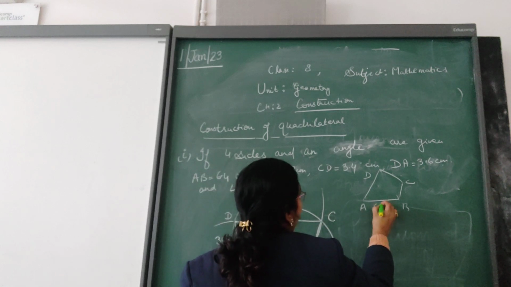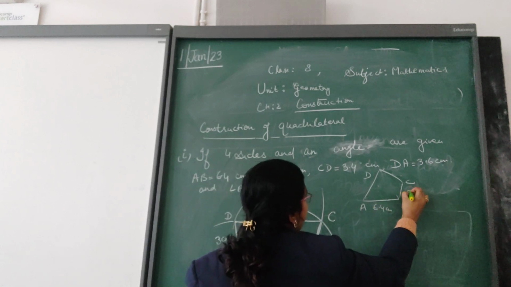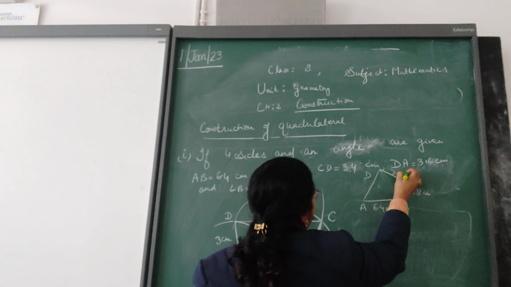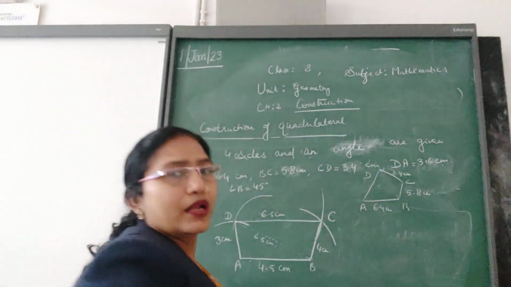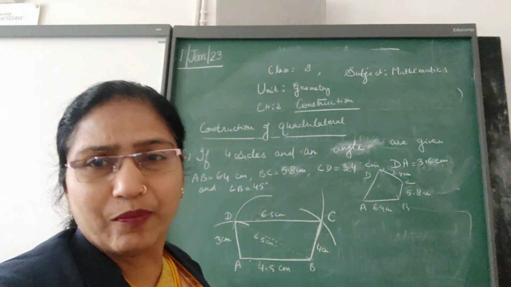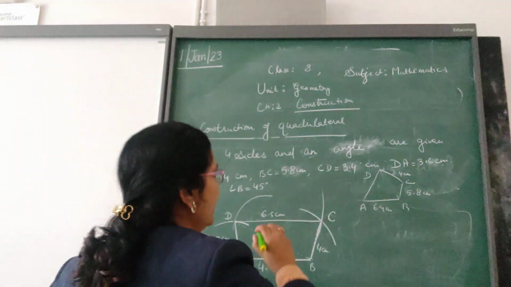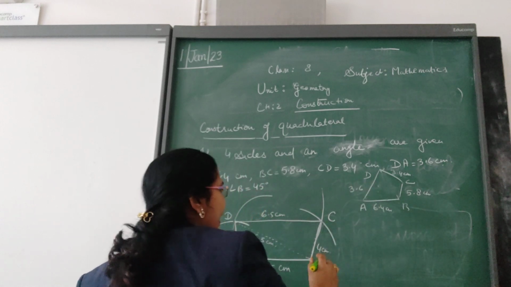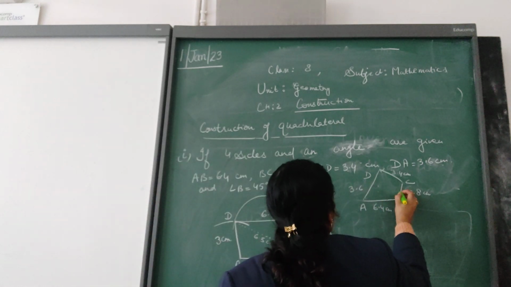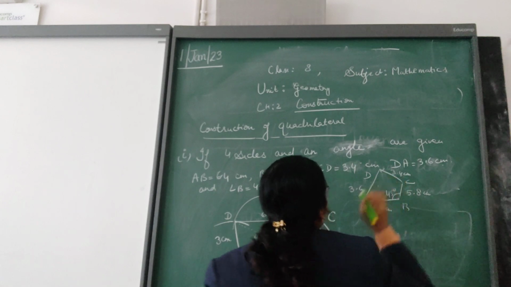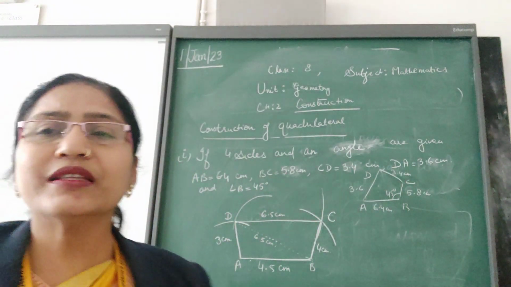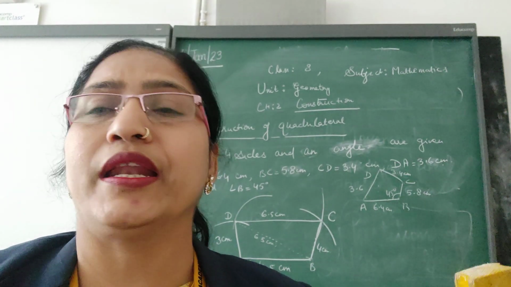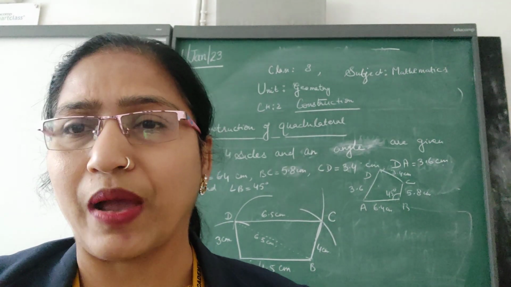AB given 6.4 centimeter, BC is 5.8 centimeter, CD is 3.4 centimeter. DA, it is written 3.6 centimeter. And now it is given angle B is 45 degree. So it means at the point B, we have to draw 45 degree angle by the help of compass.